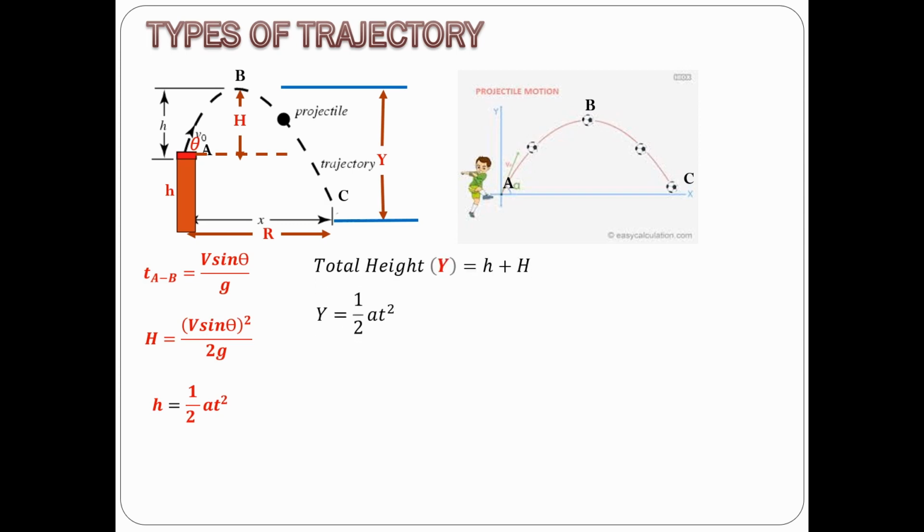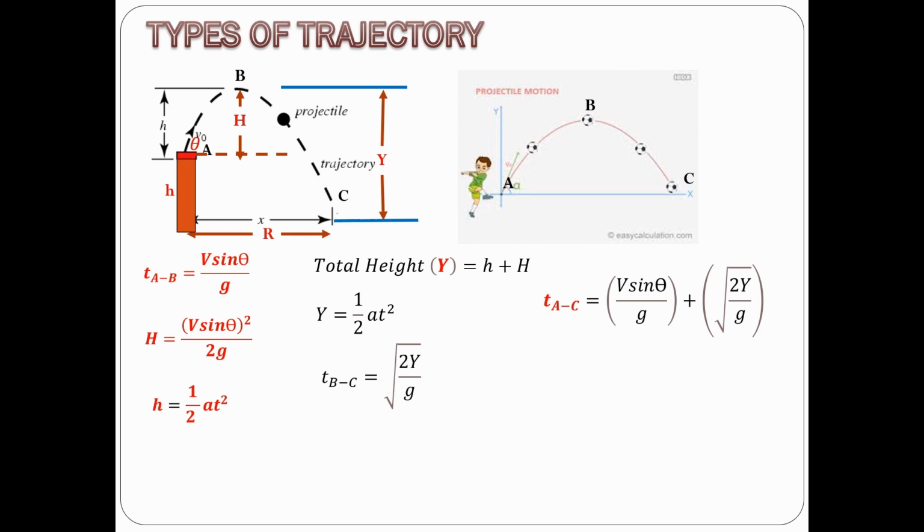So solving for t, which is the time from B to C, then the equation will become t from B to C is equal to square root of 2y over g. So the total time from position A to C is equal to v sine theta over g plus square root of 2y over g.